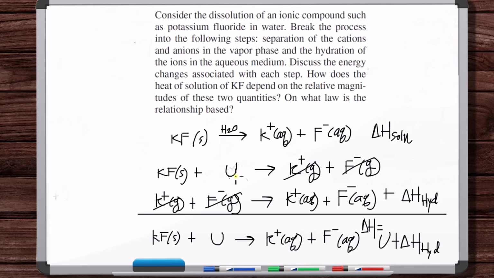Technically, you would write this as KF solid goes to K+ gas plus F- gas, and the change in energy, which would be equal to U, would be positive because it's endothermic. That's why this is over here. In this case, you could just omit the energy here and put it off to the side. That would be negative because the energy is given off.